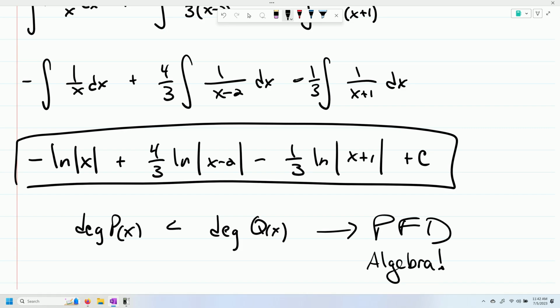So, with the remaining examples in class, what I really need to do is hit each one of the potential partial fraction decompositions that we can run into. And what I mean by that is this.